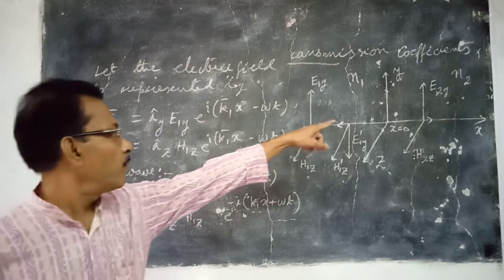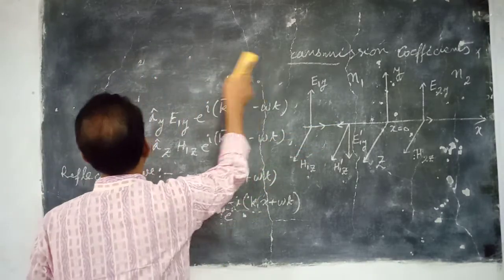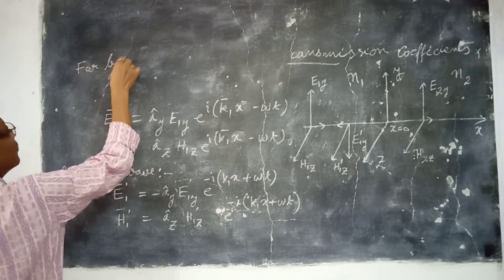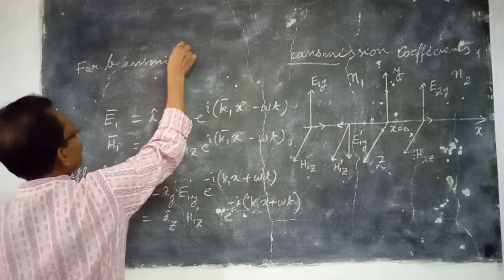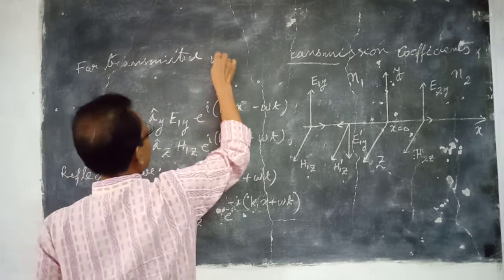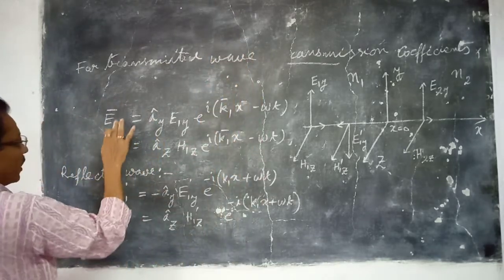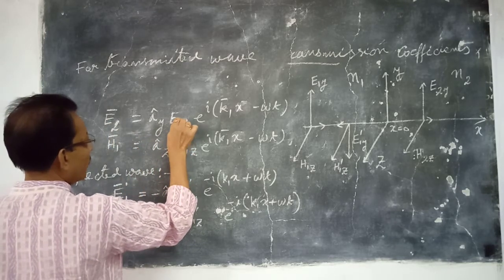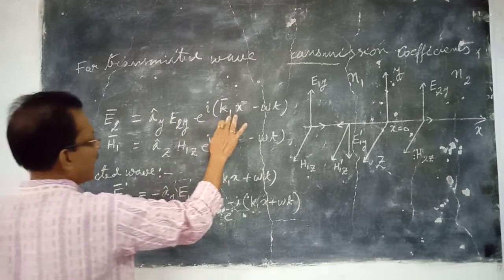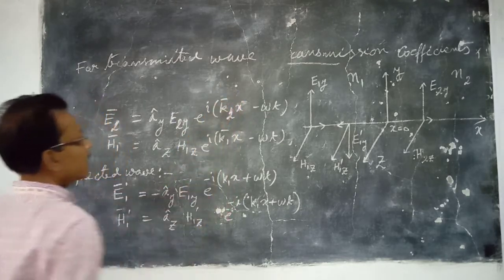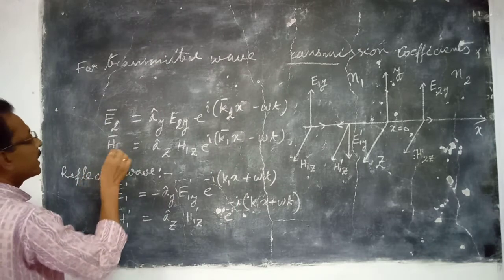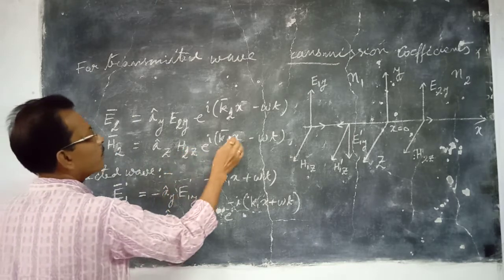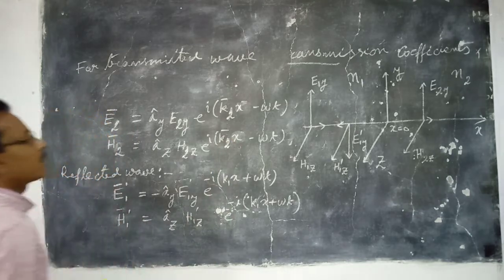Similarly, for the transmitted wave, we get E2 is equal to ay E2y e to the power i(k2x minus omega t), because the wave number is different, and H2 is equal to az H2z e to the power i(k2x minus omega t).